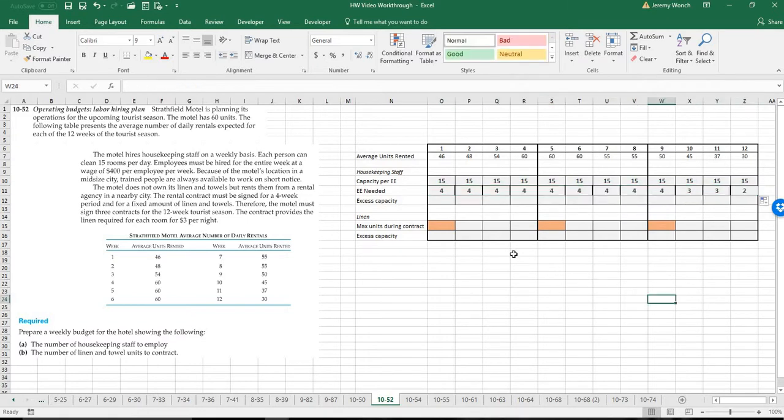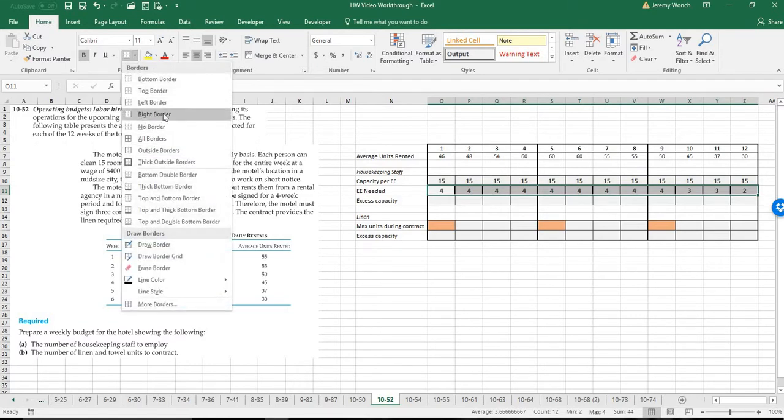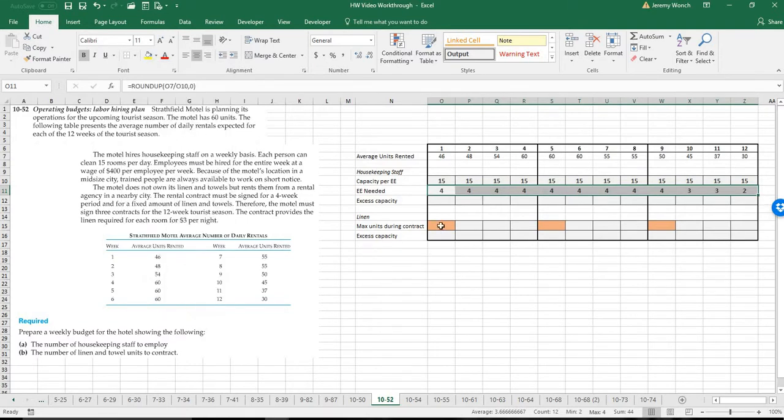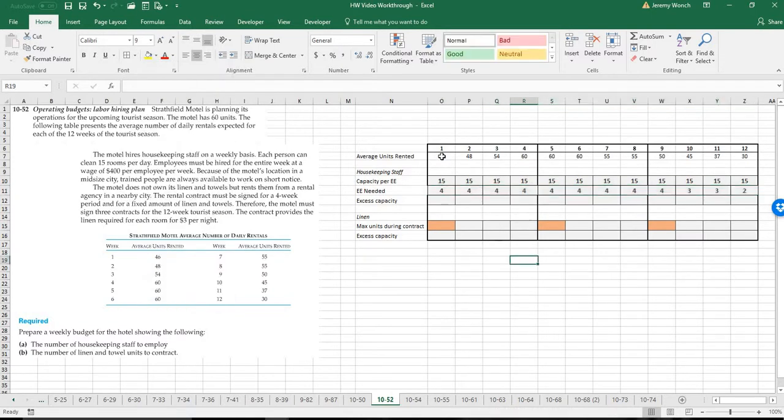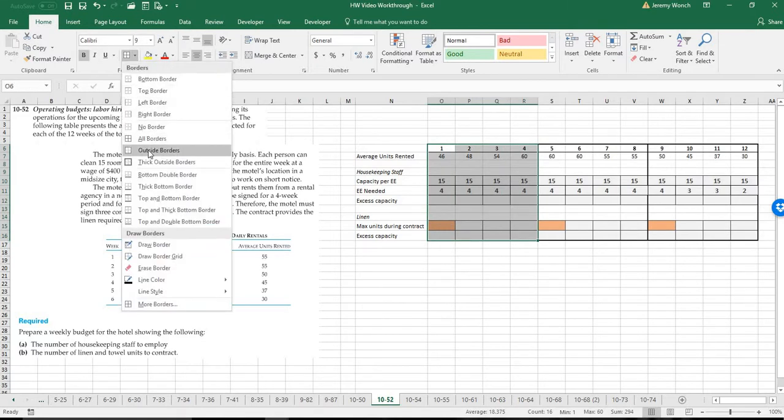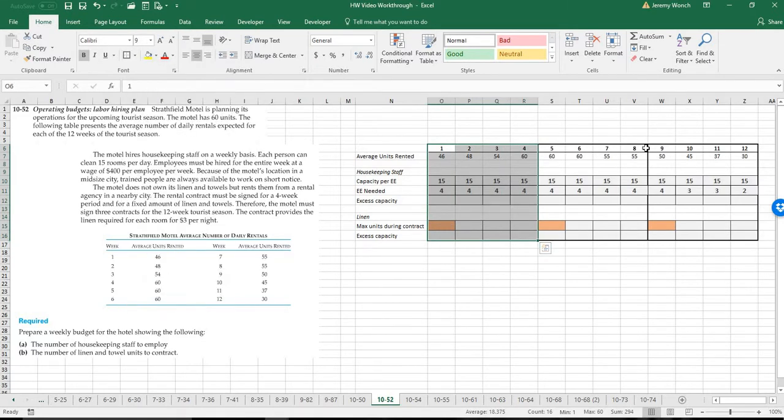So let's drag that across. Messed up our formatting. We've got to make it look nice. There we go.